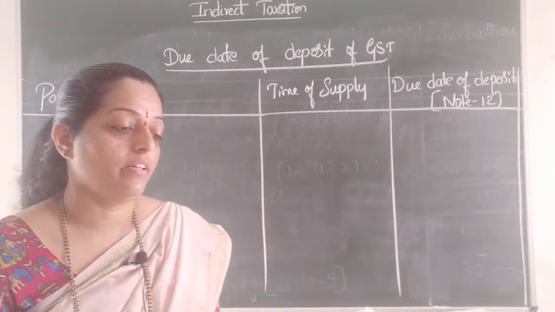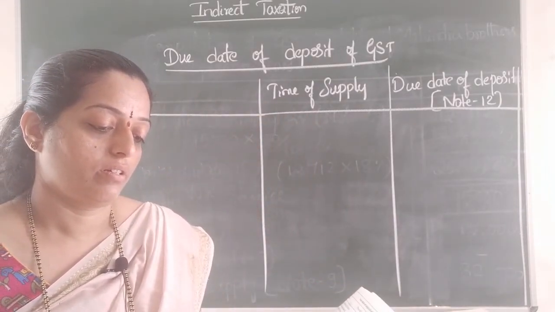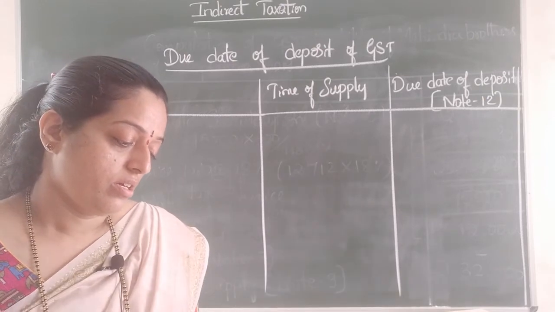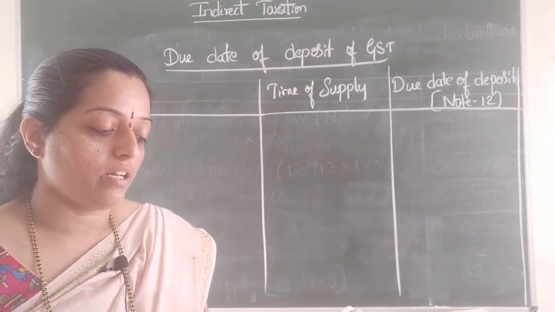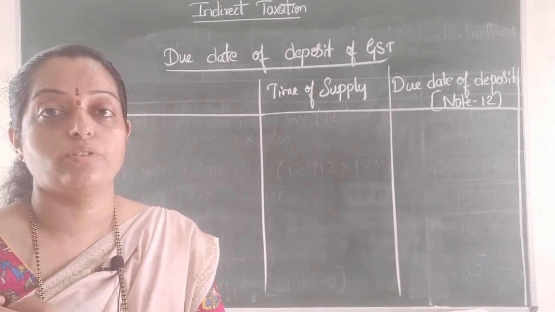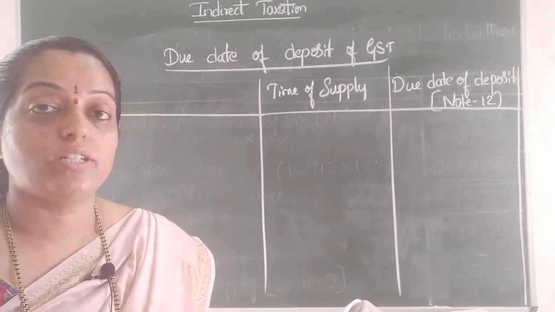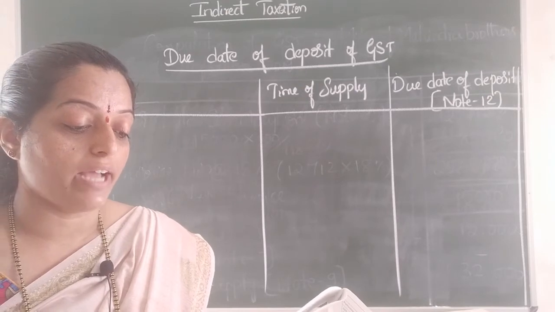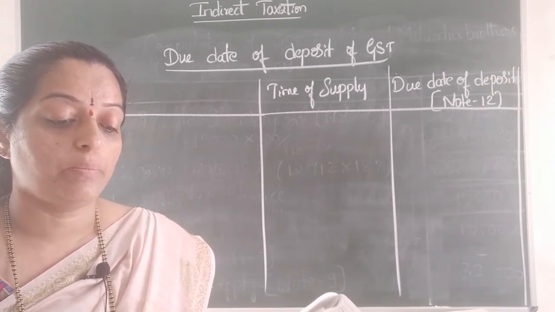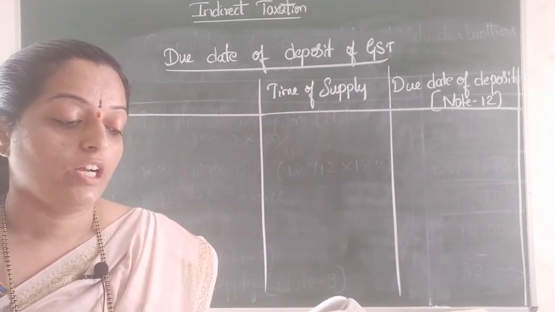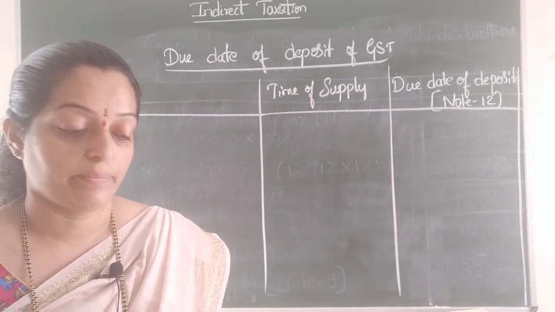Note 12 says that as per section 39 subsection 1 of the CGST Act of 2017, every person registered under the regular scheme of payment of tax has to furnish the prescribed return on or before 20th of the succeeding month.